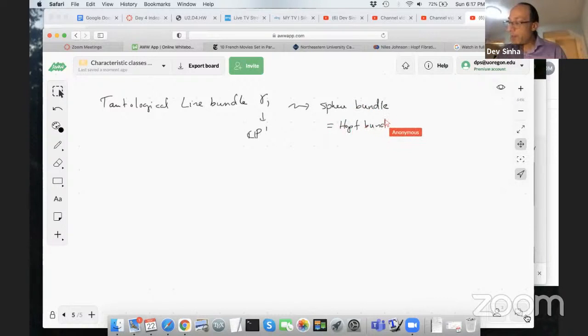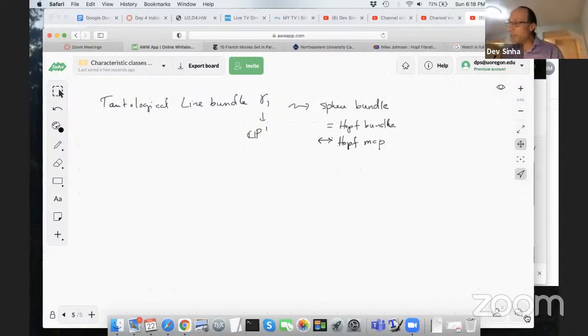And the bundle map in the Hopf bundle is called the Hopf map. And that's actually, just as a map between spaces, probably one of the most famous maps, arguably the most famous map in algebraic topology.